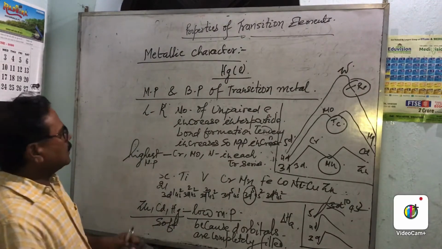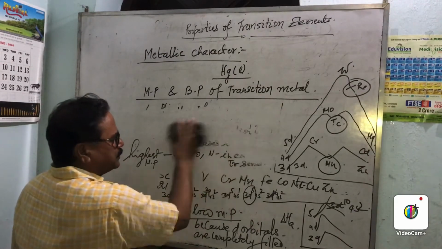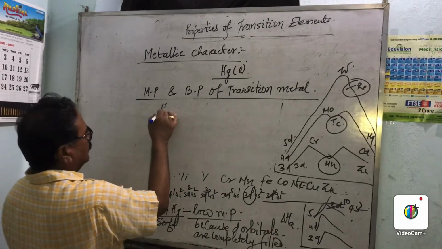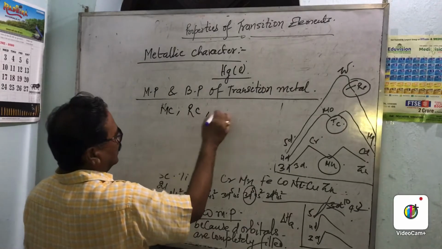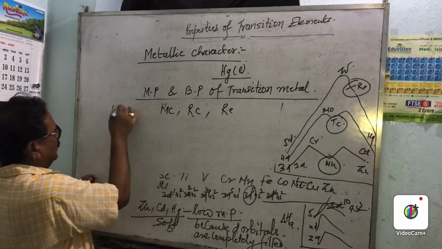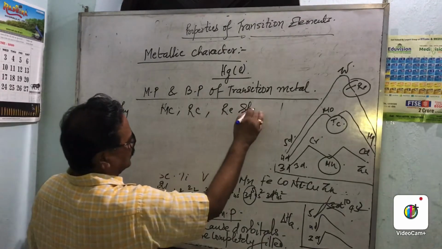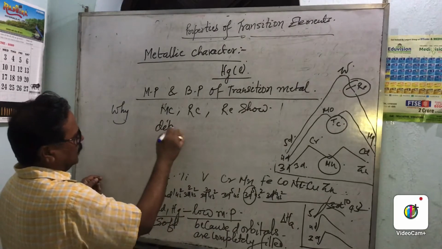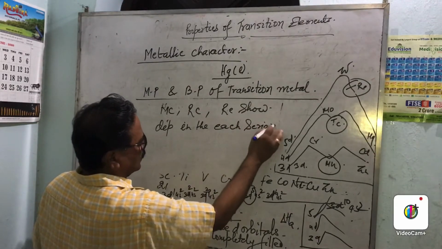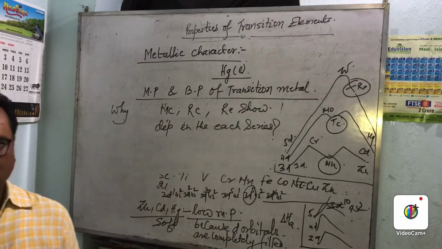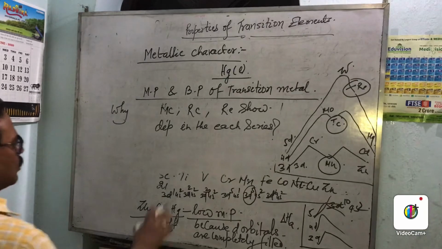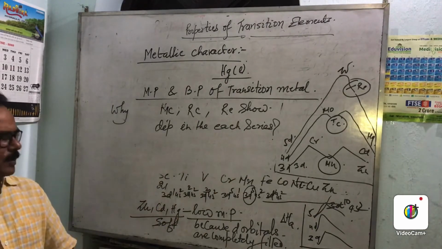Now the question: why do manganese, technetium and rhenium, Mn, Tc and rhenium, have a dip, a low melting point, and why does manganese show a dip in each series? ये क्यों शो करता है? Because it depends upon the interparticle bond formation density.